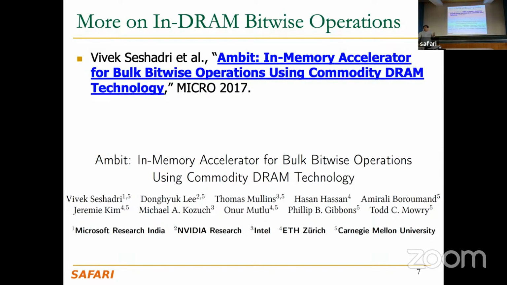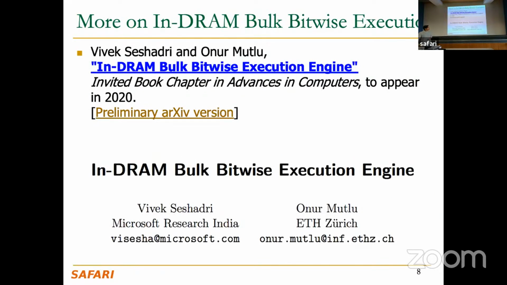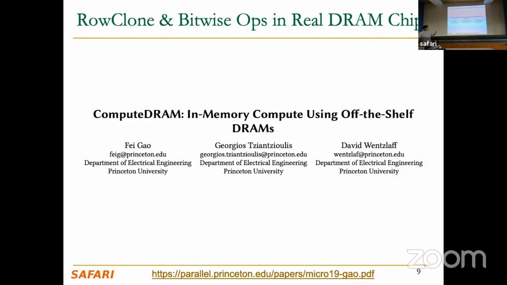The basic idea is the triple row activation. We activate three rows at the same time, and this basically generates a majority function in each bit line when the sense amplifier is activated. This is another version of the Ambit work, and this is the ComputeDRAM work that tested both RowClone and Ambit on real chips.